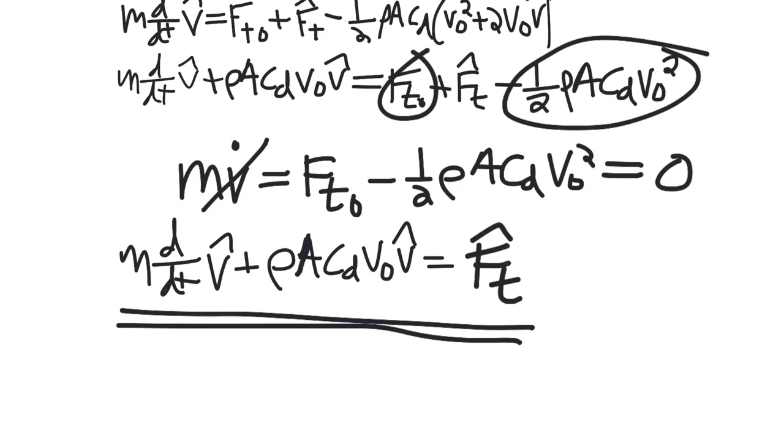So now we actually have an expression that represents the incremental change in velocity as a result of an incremental change in thrust. Note that the substitution that I made is only valid if you have truly defined your input variable, in this case ft naught, to be the value of that input that holds the system at equilibrium.